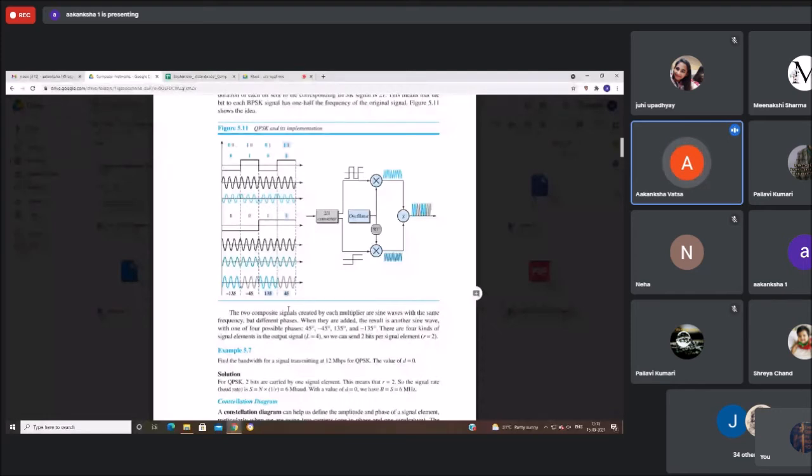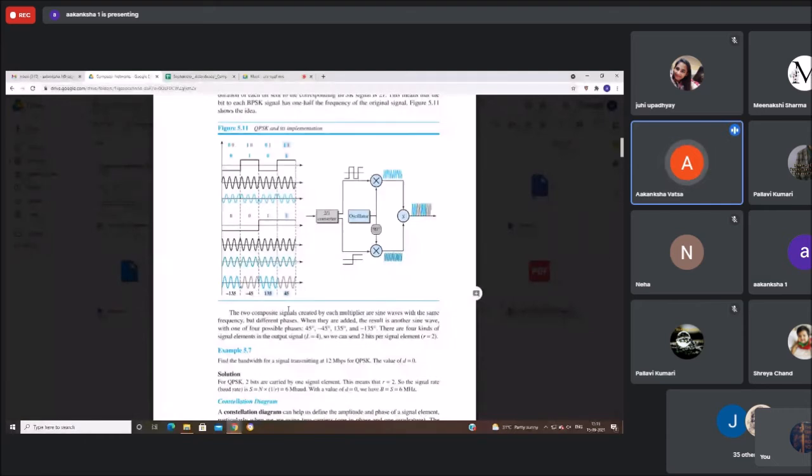So just by changing 4 phases, and at every phase changing between only 2 amplitudes, it will give me 8 different combinations of signals, and 8 different signal levels will be represented as 3 bits per signal. Is it clear to all of you?